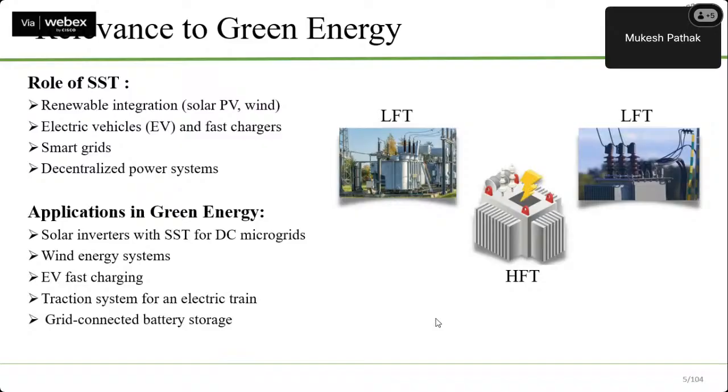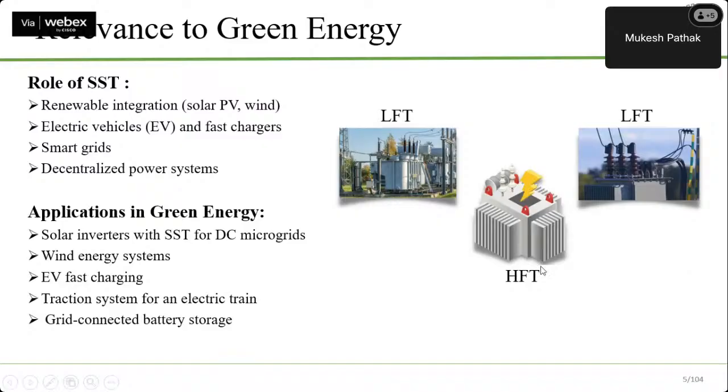It is also very suitable for electric vehicle and fast charging applications. It can also be used for smart grids and in distributed generation systems. More applications include traction systems, energy storage, and microgrids.